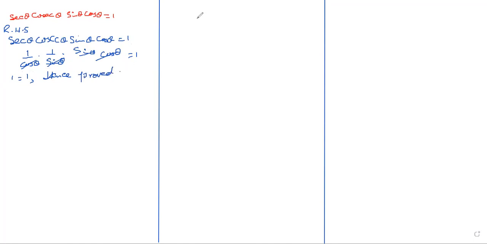Right. Now, question number 2. Prove that secant square theta minus cosecant square theta equals to tangent square theta minus cotangent square theta.